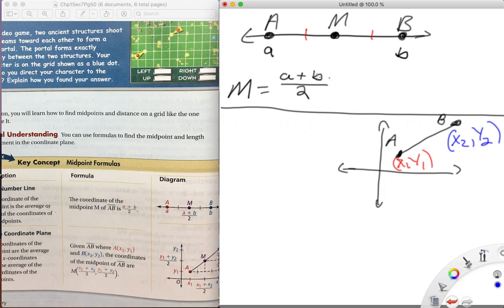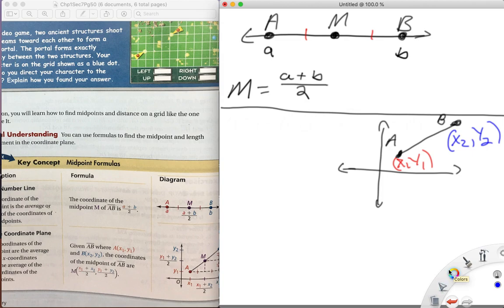So if you look at this midpoint formula up here, A plus B divided by 2, we're going to do that twice. One for the x coordinate and one for the y coordinate.